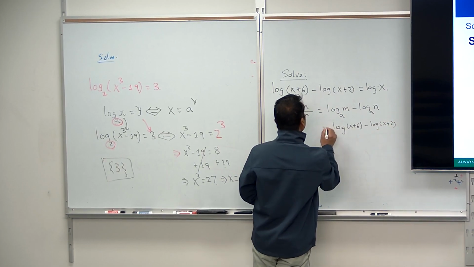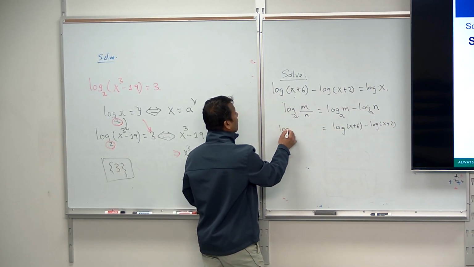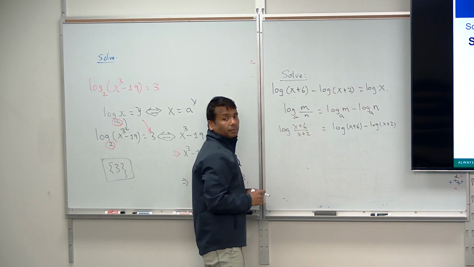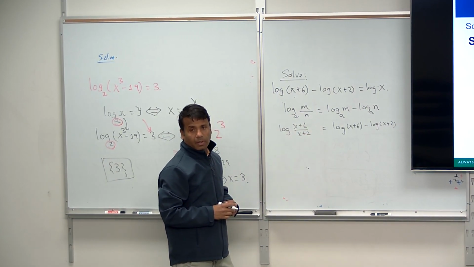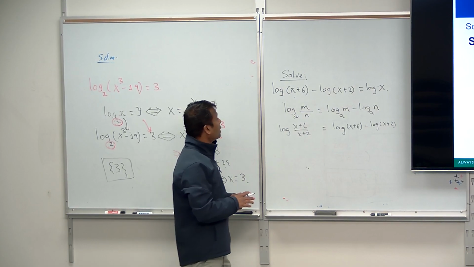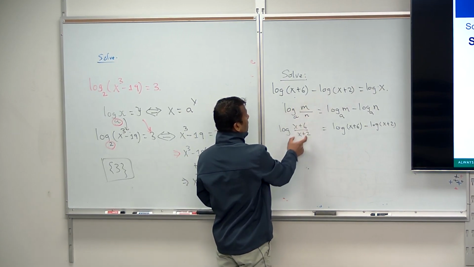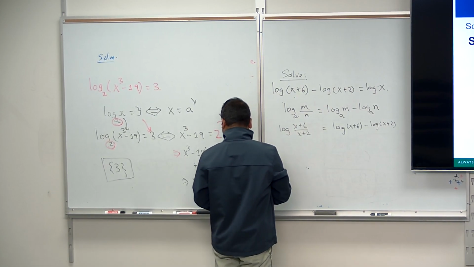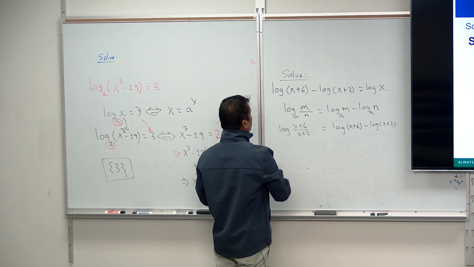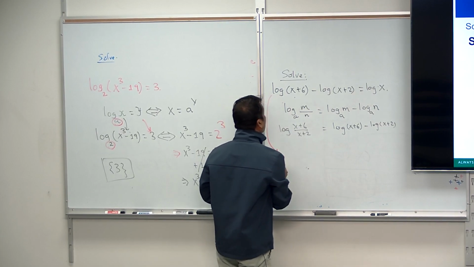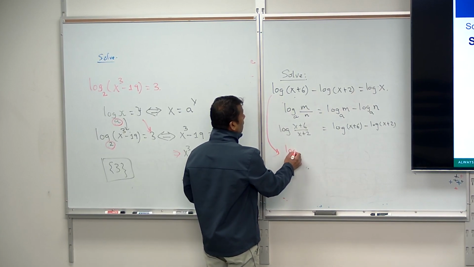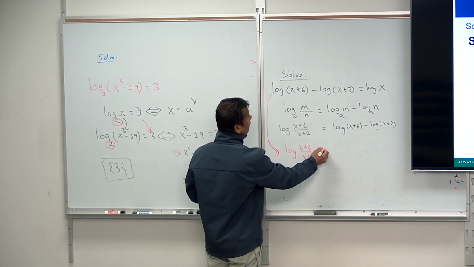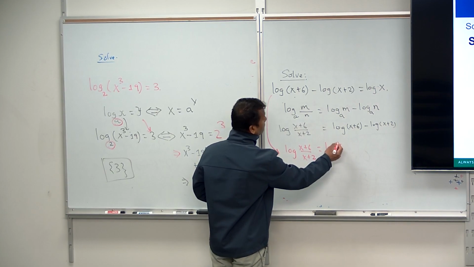So this is equivalent to log of x plus 6 over x plus 2. So the left-hand side is equivalent to this, and the equation is log of x plus 6 over x plus 2 equals log x.